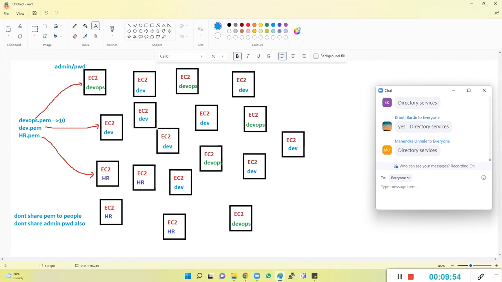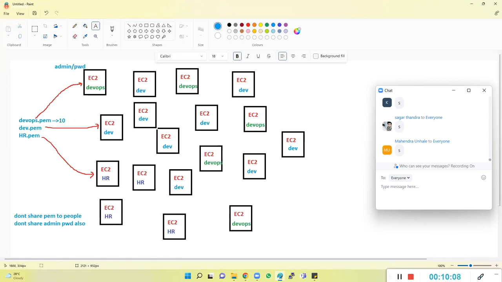Remember, we discussed this. These are called domain users. User 3, 4, like this, we have user 10.